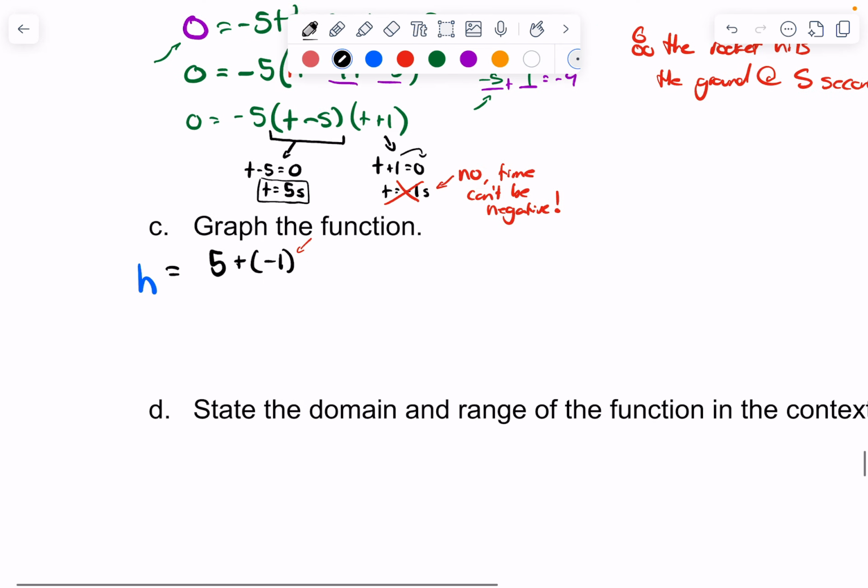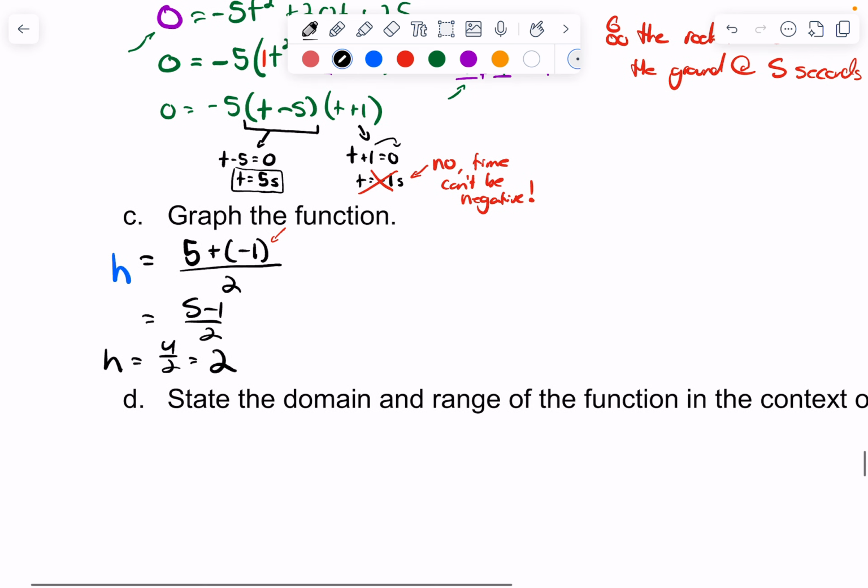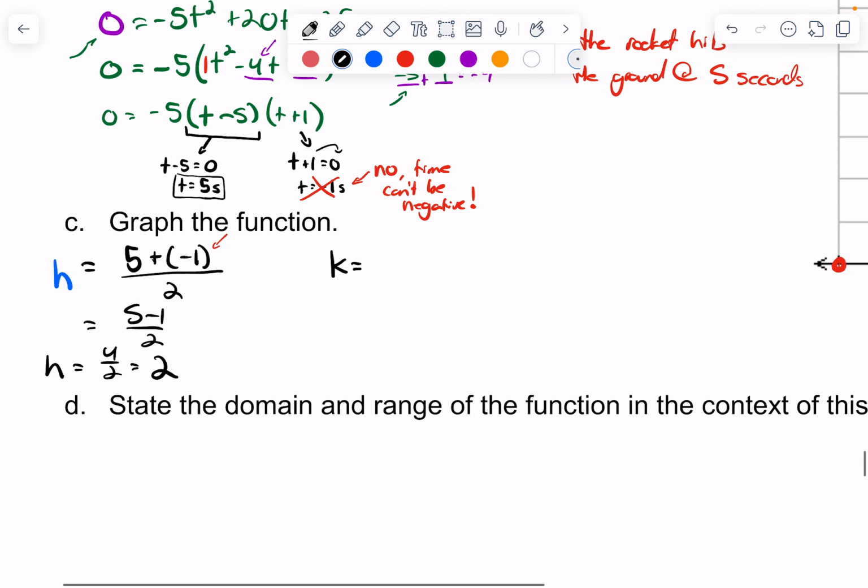So finding that halfway point, that would be 5 minus 1 over 2. So our h value in this case would be 4 over 2, or 2. But let's find the k value as well. The k value is the value of our function. I know we're going to use h here twice, right?